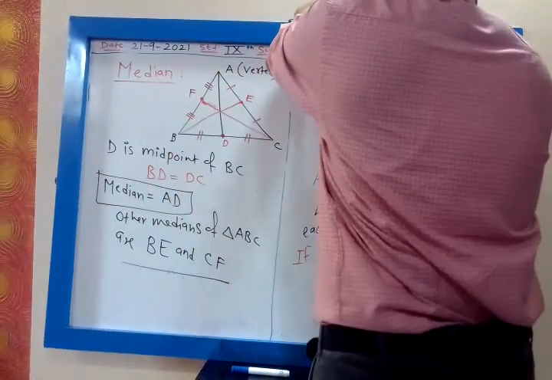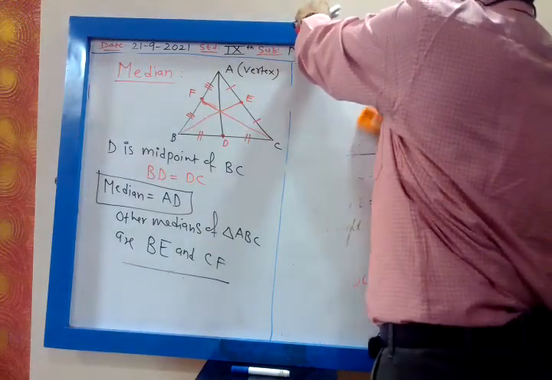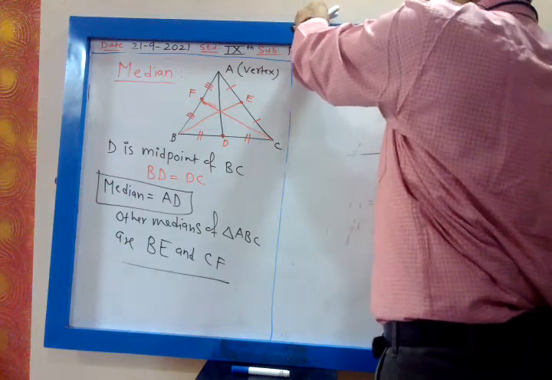So median is the line segment joining the vertex to the midpoint of the opposite side.